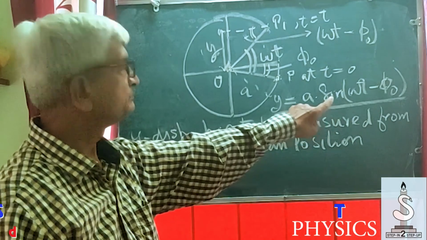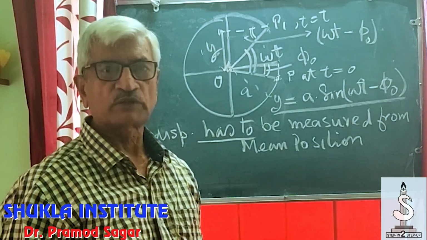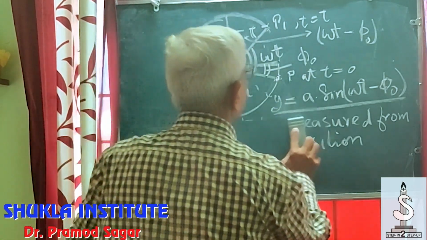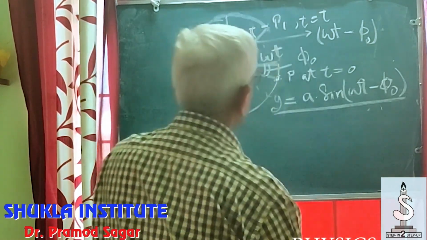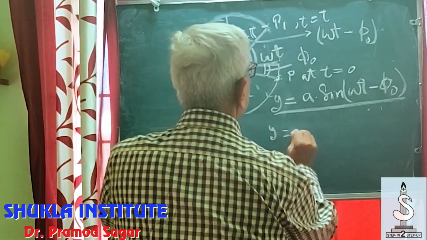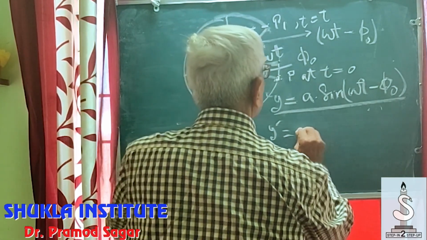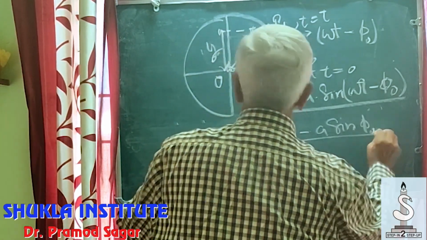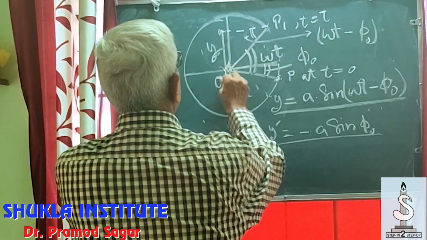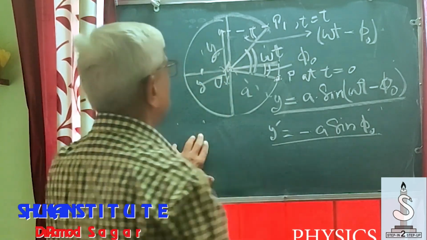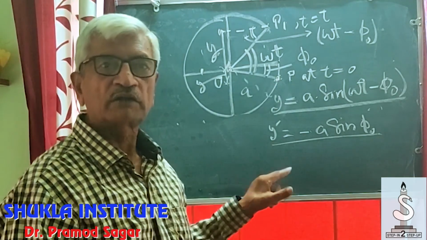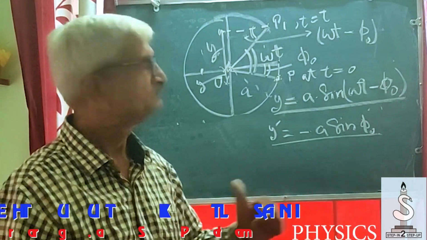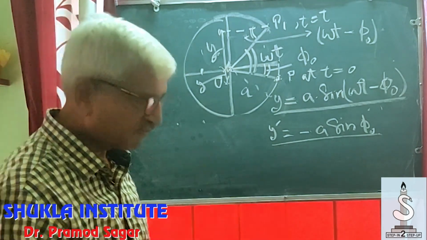This phi naught, supposing I put t is equal to 0, the moment I put t is equal to 0, you can see y dash is equal to minus a sine phi naught. This is y dash. So that means the particle is below the mean position to start with.